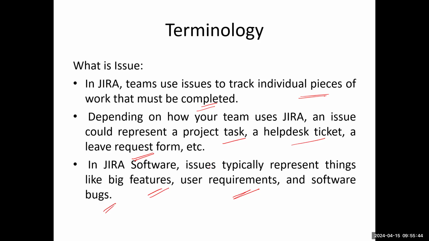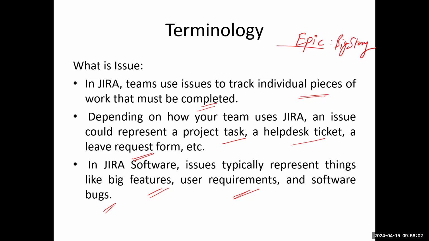Now guys, if you remember, during the theory we discussed certain terminology. Like in Agile, any big issue or big requirement, we can define in the form of an epic. Epic is what? It's called a big story. Very simple.